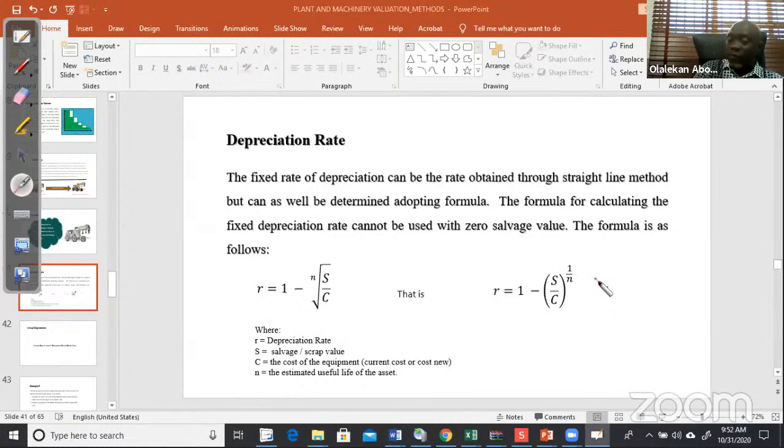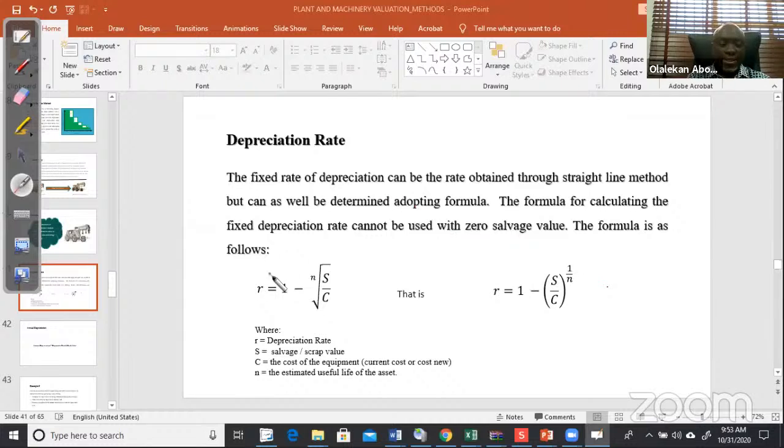First of all, get that answer and put it aside. Then you come to your scrap value divided by cost. Whatever you get, raise it to the power of what you have gotten as 1 divided by n. So that you don't gamble. Nobody will crucify you for having done that, because they are looking at your answer, even though that may waste your time. If you know how to determine the nth root directly, the better. Okay.